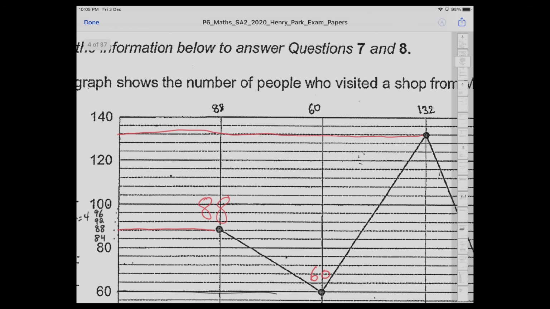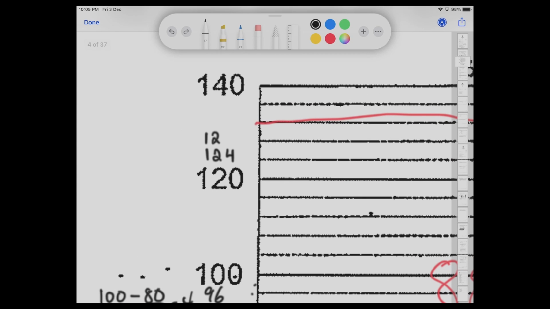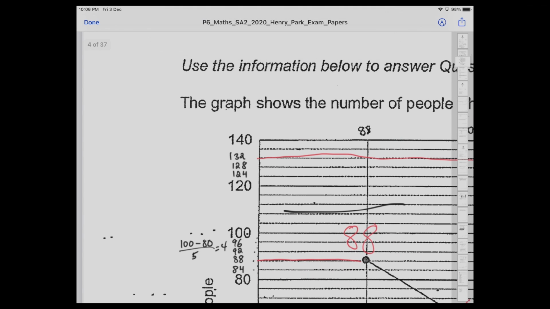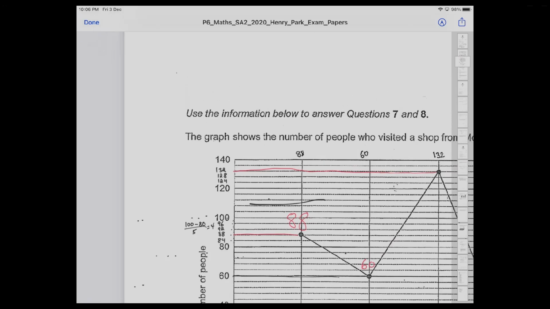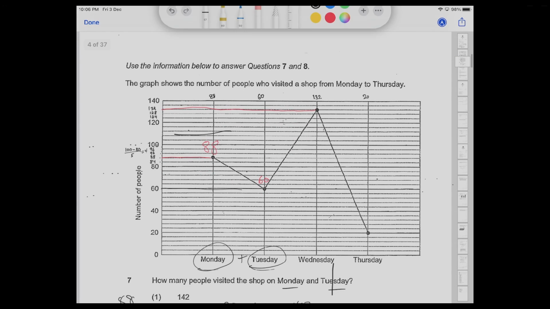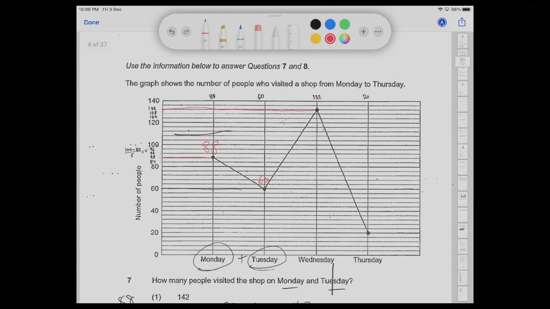And earlier we talked about how the small divisions are basically 4. The difference is 4. So 124, 128, 132. So on, it's getting a bit messy here. So on Wednesday there is 132 people. And on Thursday it's just quite obviously 20.